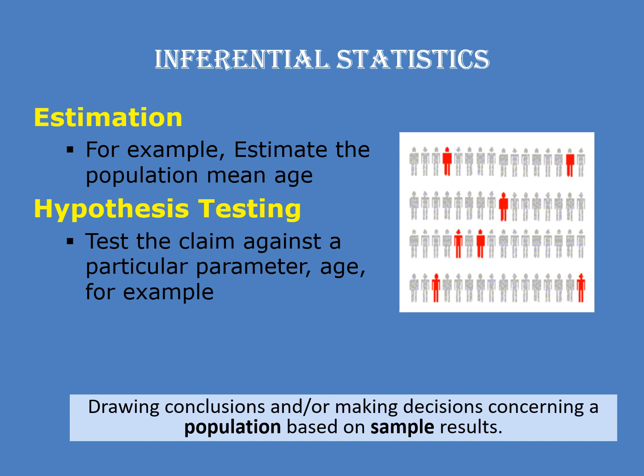And then there's hypothesis testing, which is where a claim is tested against a particular parameter. Again, it could be around age, around height, or around, for example, hair color. It could be anything really.